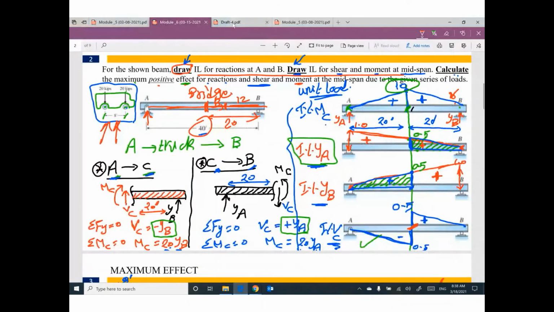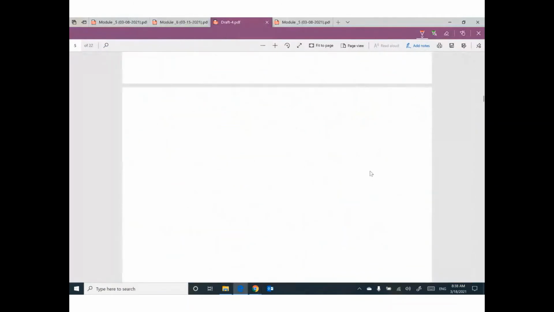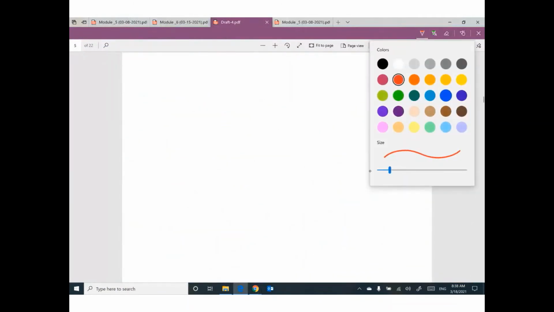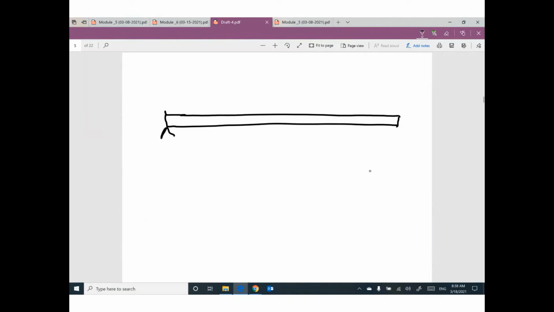Okay, let me ask you a question. If I have a beam like this, we have here hinge, we have here roller, and we have here pin connection.